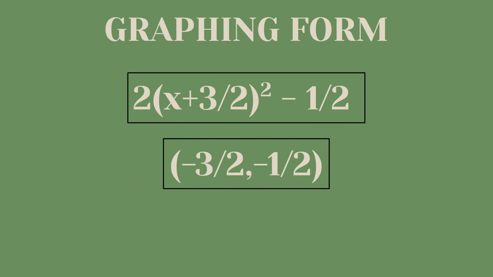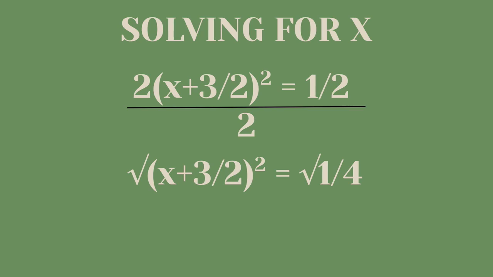Now, to have all the main points needed for our parabola, we need to find the x-intercepts, and we can easily do that from our graphing form equation. So all we have to do is move the 1/2 back to the right side of the equation and then isolate x.